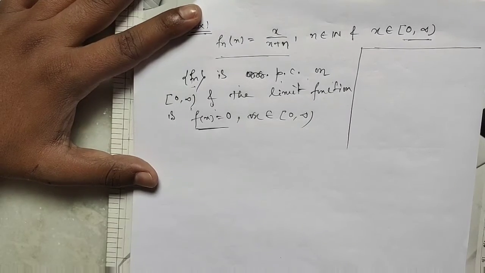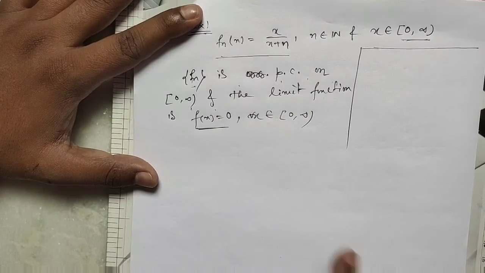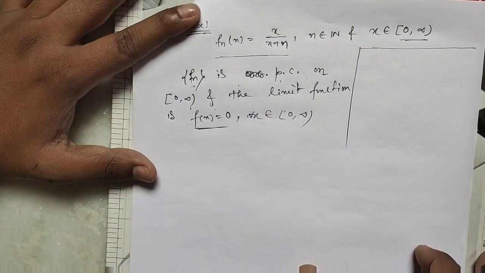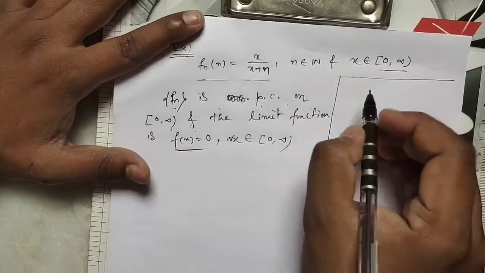So now by the M_n test we check if this is uniformly convergent or not. So what is our M_n test?